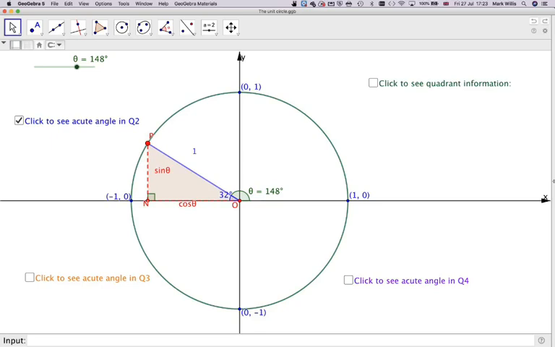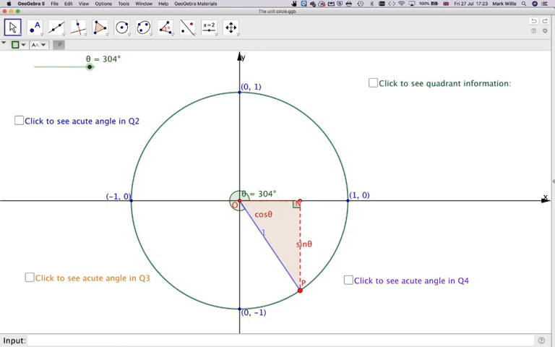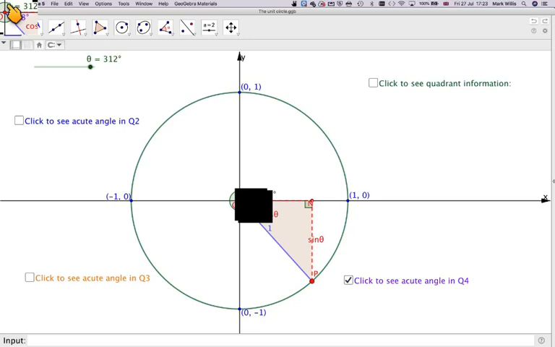Going into the fourth quadrant, we're now looking at angles between 270 and 360. Take this one, theta is equal to 312. We'll click this one because that will give the acute angle. We can see that this angle here is 48. We can get 312 by doing 360 minus 48.